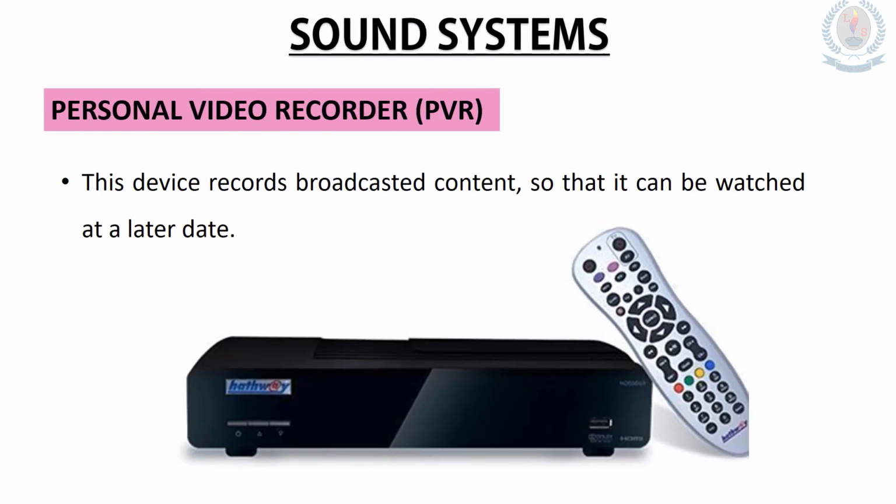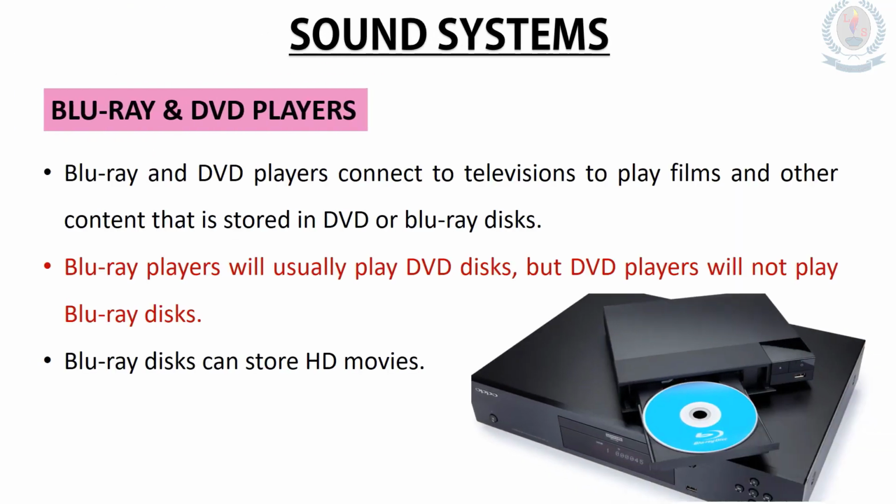Next topic is personal video recorders. Personal video recorder is a device that records broadcasted content so that it can be watched at a later date. Now we are come up with Blu-ray and DVD players.